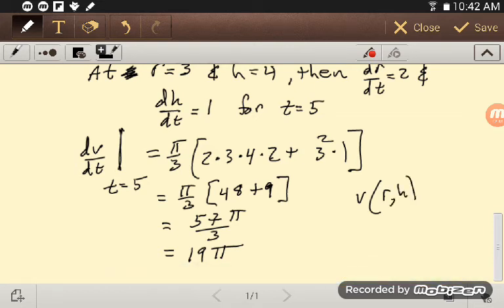But they were functions of t, so V was a function of r(t) and h(t), and now we see a composition going on, because we have r(t) and then V(r), and same with h, and that's where the chain rule comes in.